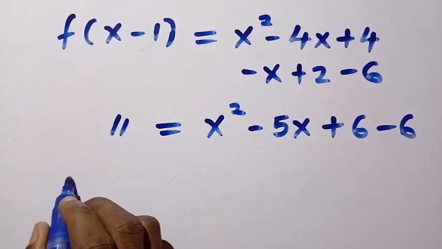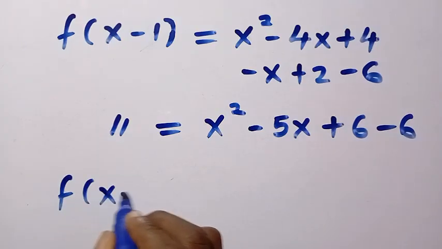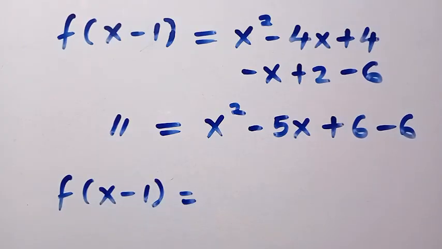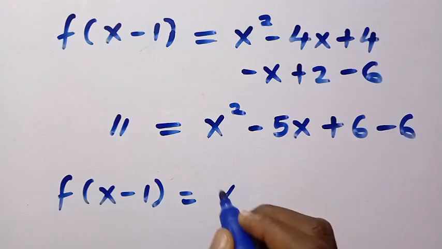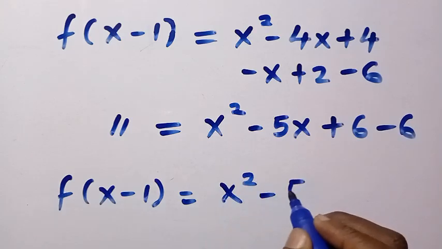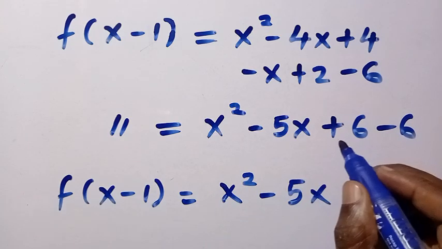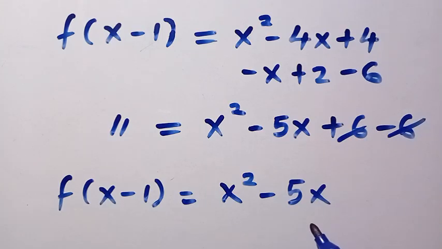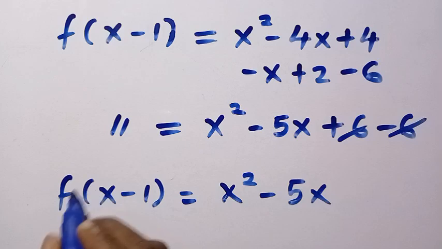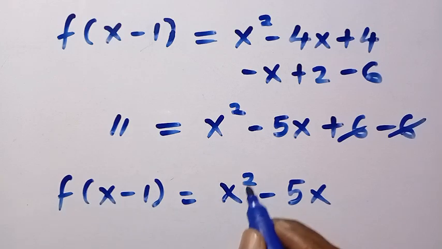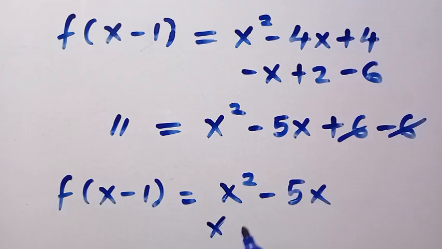Therefore, we can conclude that f of x minus 1, which is what we were asked to find, is x squared minus 5x, because plus 6 minus 6 becomes 0. So f of x minus 1 equals x squared minus 5x, where x is a member of the real numbers.